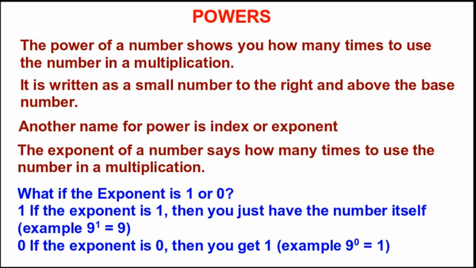For example, 9 to the power 1 is 9, or 5 to the power 1 is 5, or any number to the power 1 is that number. And if the exponent is 0, then you get 1. For example, 9 to the power 0 is equal to 1, or 5 to the power 0 is equal to 1.